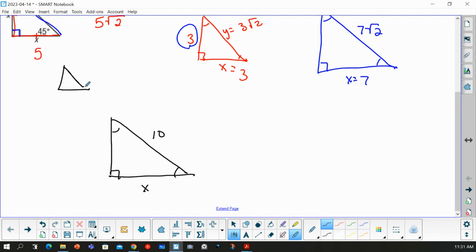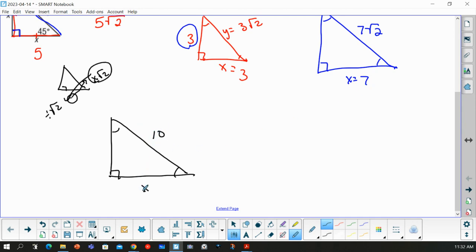So with a 45-45-90, if I have the leg and I'm trying to find the hypotenuse, I multiply by the square root of 2. That's why we put it right next to it like this. Which means to go from this to this, I multiply by the square root of 2. If I have this and I want to go back to this, I'm going to divide by the square root of 2. Which you can see right here. 7 square root of 2 divided by the square root of 2 is just 7. So that's what we're going to do here.